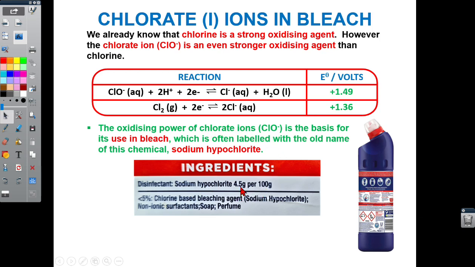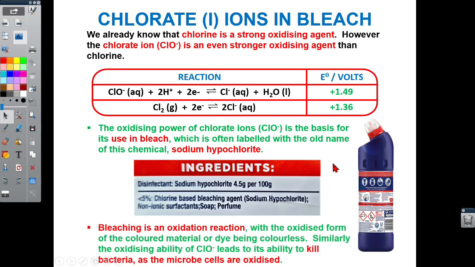And here you've got 4.5 grams of that in 100 grams of water, giving you just under a 5% solution. And that's what you find in bleach. So it works by stripping electrons off of the species. And so it'll decolor substances by taking electrons off them and bleaching them. Likewise, it'll kill bacteria by stripping electrons away from them and oxidizing them. And so this number tells us it's a powerful oxidizing agent.